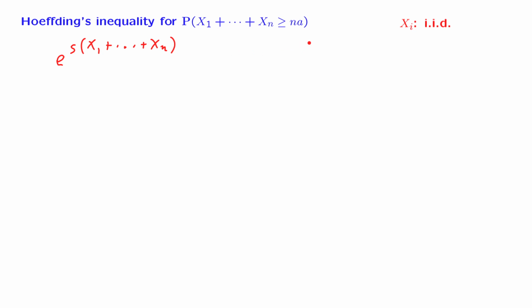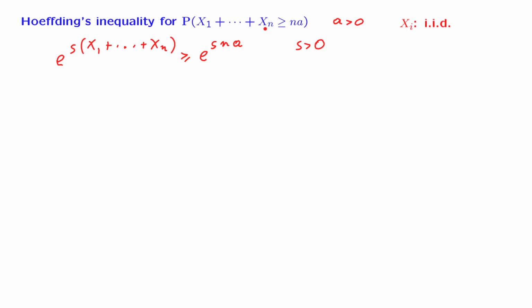It is only that we're going to assume that s is a positive number. And throughout, we're also assuming that a is also a positive number. Now we look at this quantity, and the event that this quantity is larger than or equal to e to the s n a.